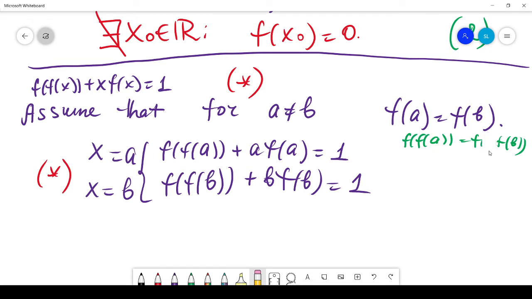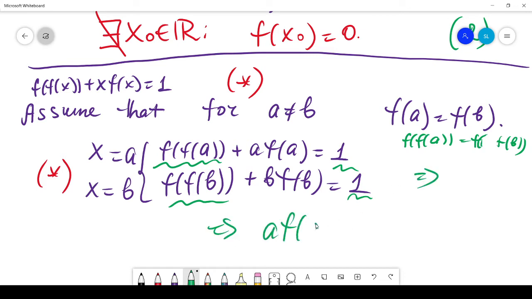If f of a equals f of b, then of course that is obvious. But then these are the same and these are the same, and that means that a f of a equals b f of b.